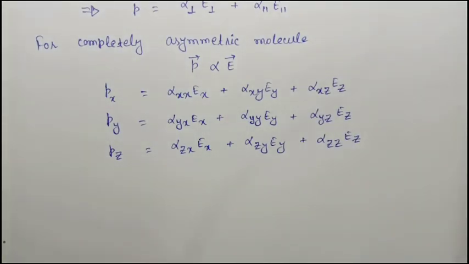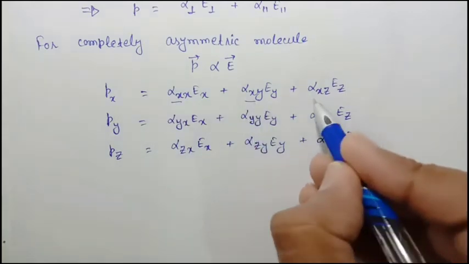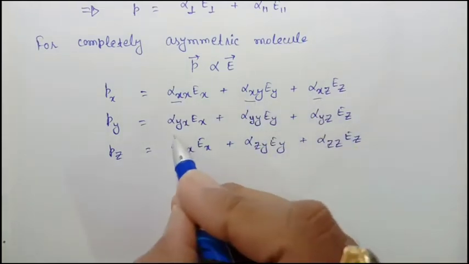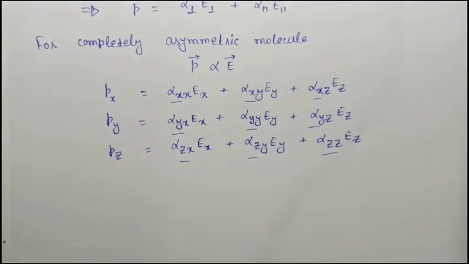So here we have 9 constants of atomic polarizability for the molecule, that is 1, 2, 3, 4, 5, 6, 7, 8 and 9. So we have 9 constants of polarizability to describe the molecule.